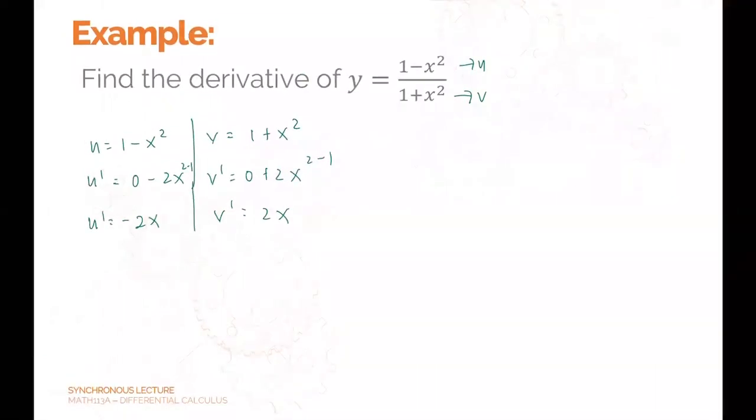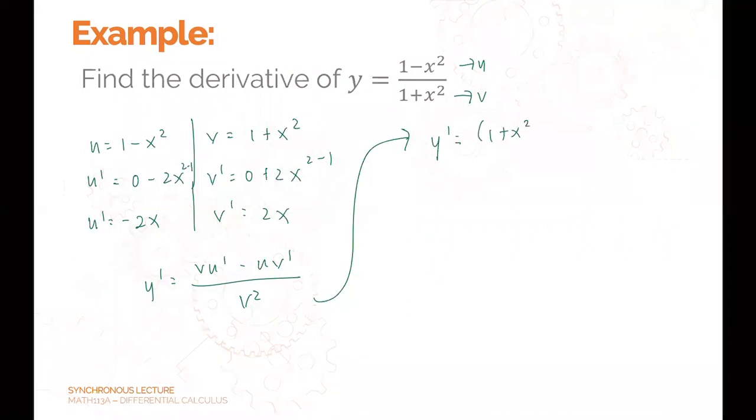So, apply natin yung formula ng y prime is equals to v u prime minus u v prime all over v squared. So, applying lang yan. Substitute lang natin. So, we have 1 plus x squared times negative 2x minus yung u natin is 1 minus x squared times yung v prime is 2x all over 1 plus x squared.